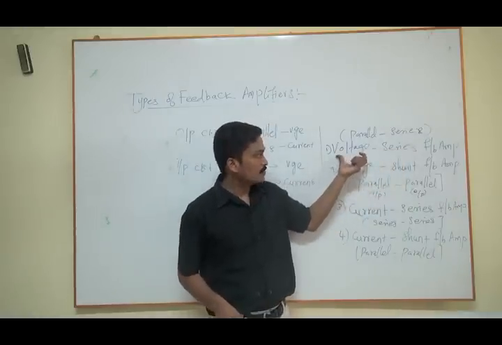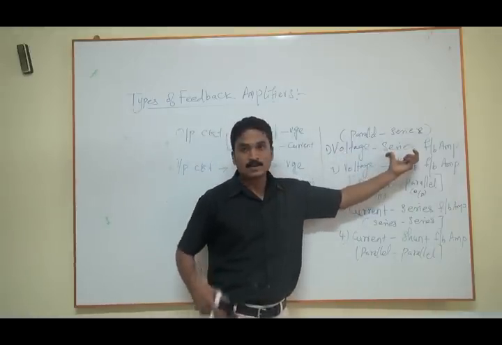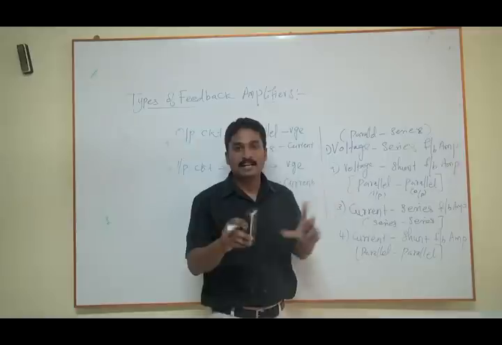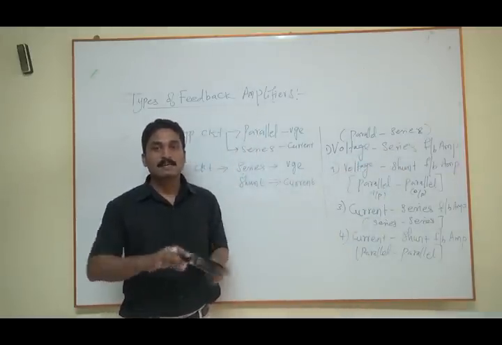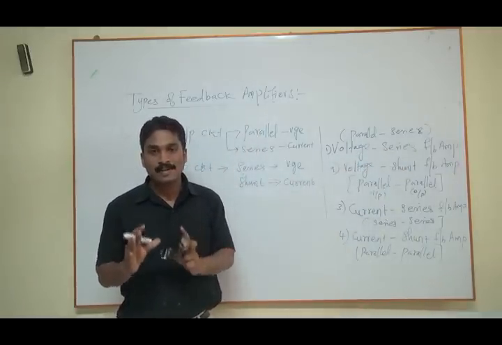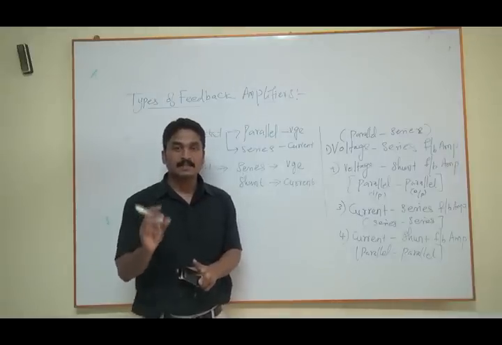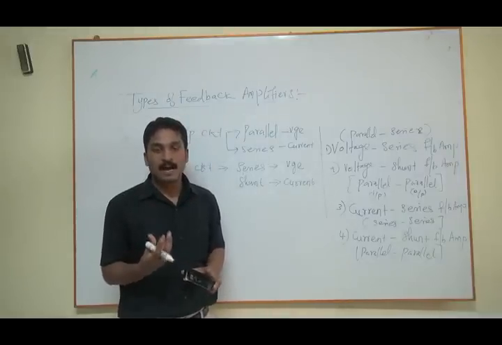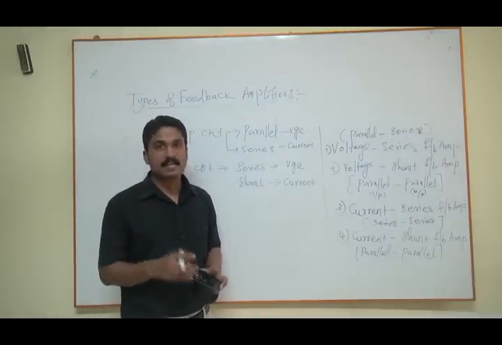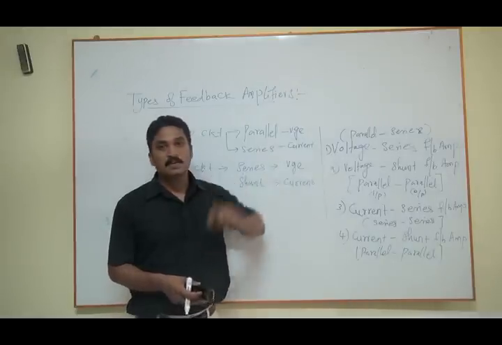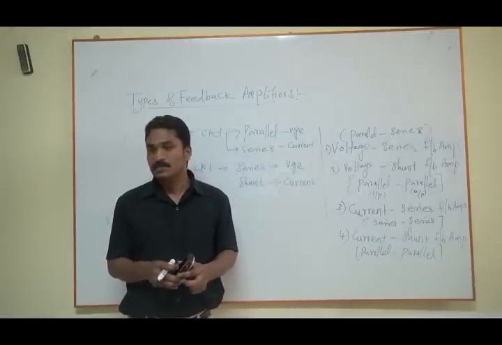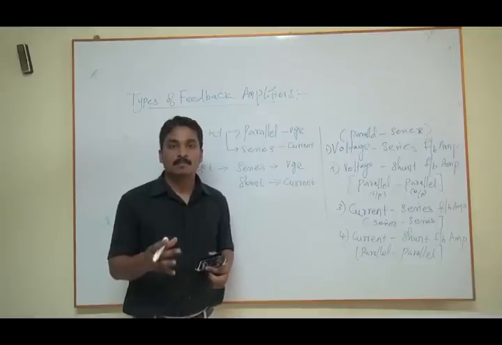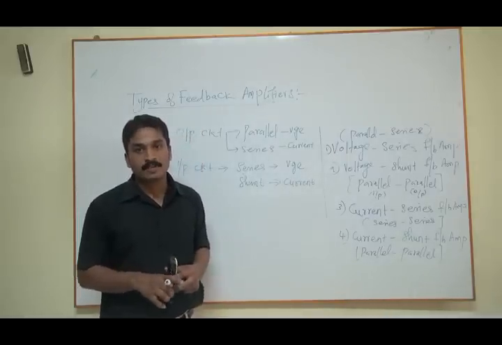So output side also voltage, input side also voltage. So we can compare the voltage series feedback amplifier as equivalent to a normal voltage amplifier, but the only difference is we have to include the feedback signal in the voltage series feedback amplifier, with the same circuit as in the voltage amplifier circuits.